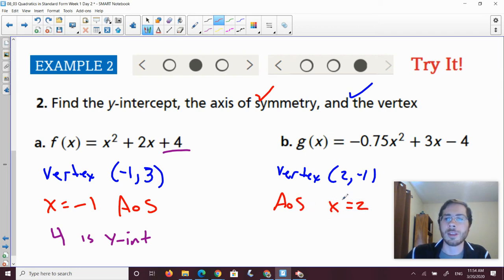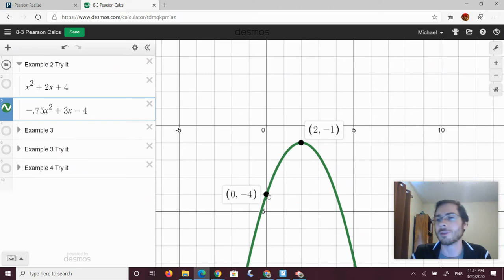Again, remember, you have to make that one x equals because it is a line. It's not just a point or a number. And then again, I didn't look up the y-intercept on the graph because I knew it's right there. It is -4 this time, so we always have to keep the sign. If I did want to check it out, oh, look, there it is, 0, -4.